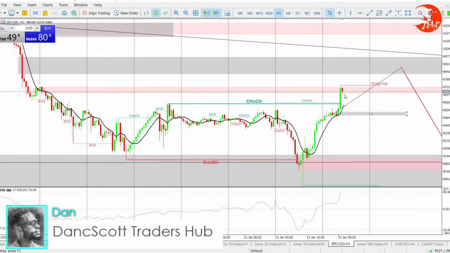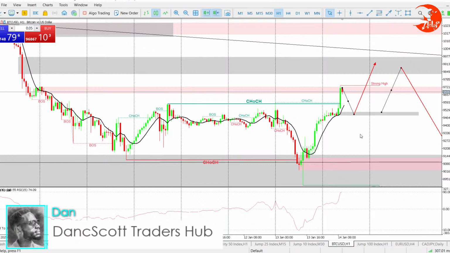That is an OB that has given us this imbalance in the market. So there is a possible pullback to this level before it can actually go there. So we need to wait. There's a possible pullback right here.